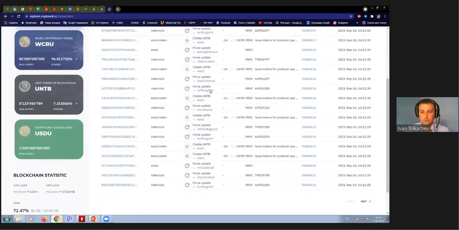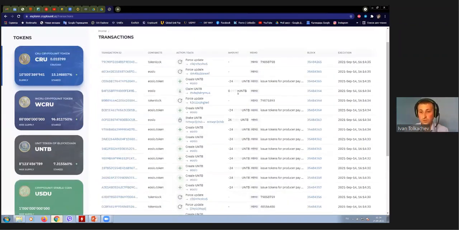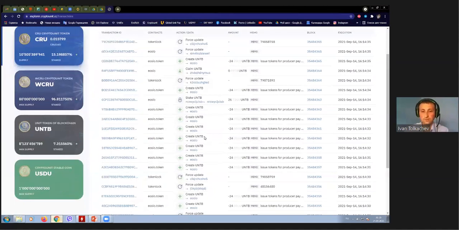It means that someone in his account under this address clicked the button claim UNTB under staking, and this is the amount that was accrued to his account. There is another transaction, stake UNTB. Someone staked UNTB, and the most informative is the action and data column.